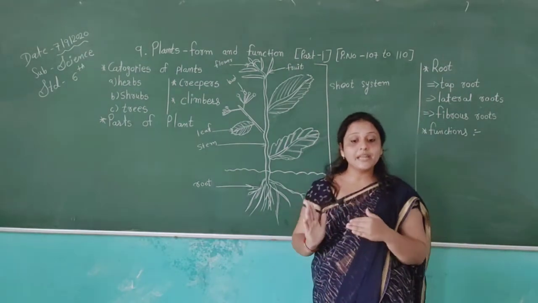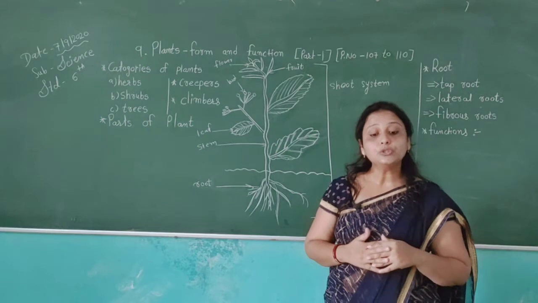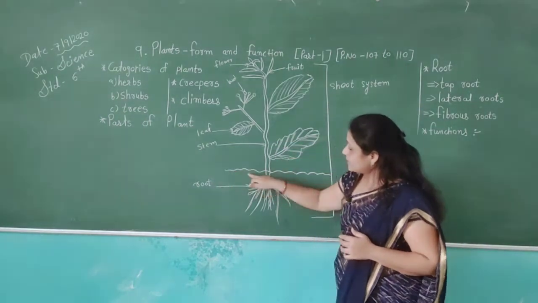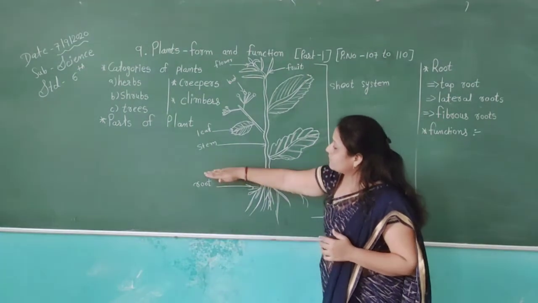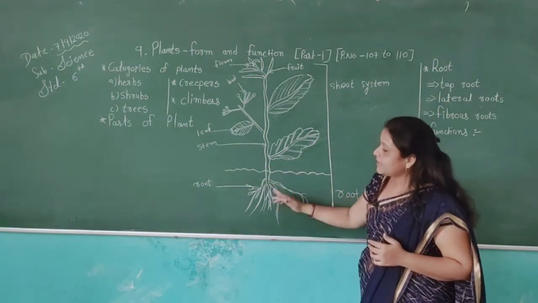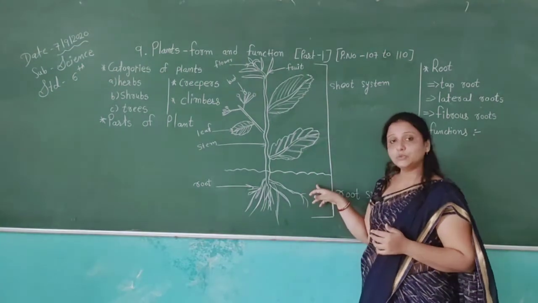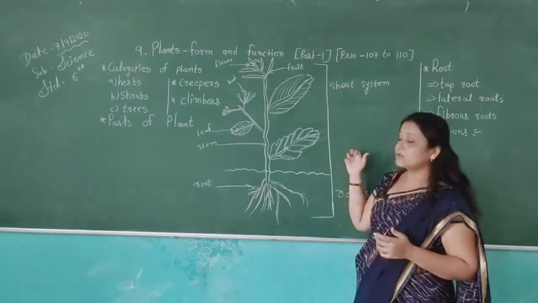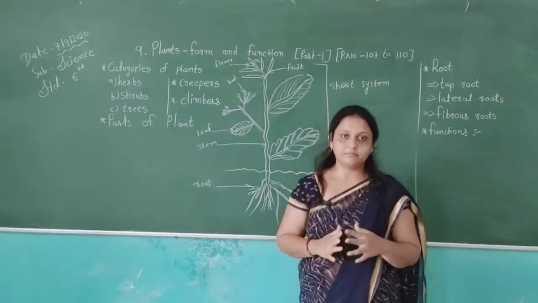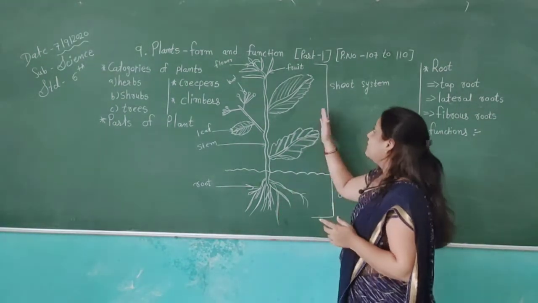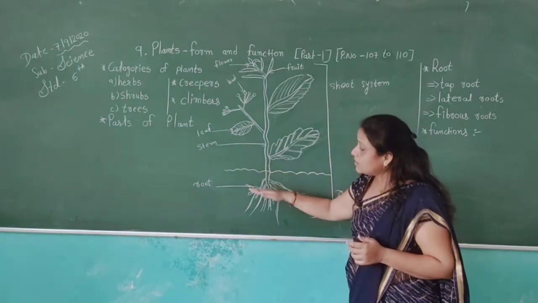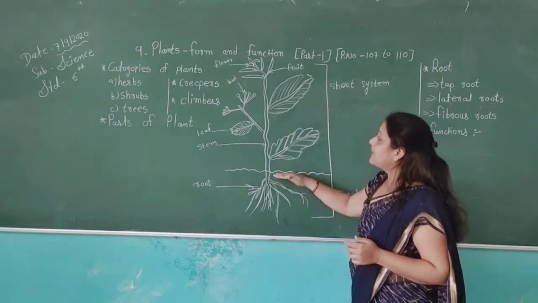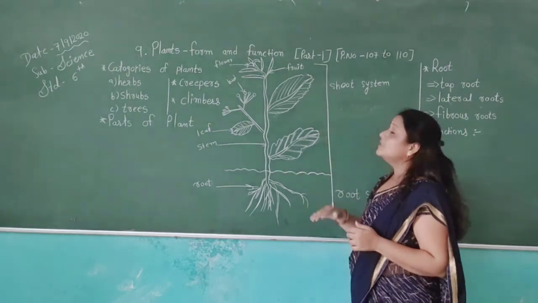The underground area of the plant is called the root, and the area above the ground is called the shoot system. I repeat, the underground area of the plant is called the root, and the part of the plant above the ground is called the shoot system.